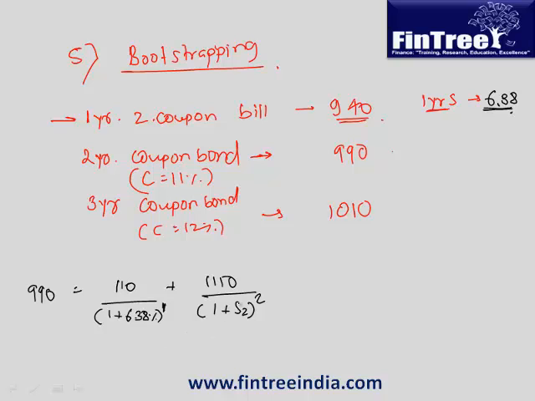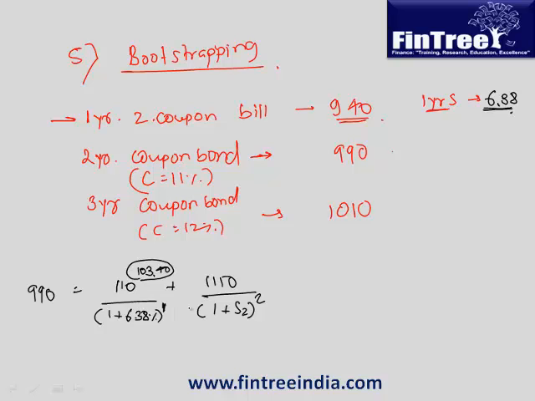What is the shortcut for solving for the equation? Let's solve together. Say 110 divided by 1.0638 equals, how much is that? 3.40. Okay, now make that number, no. The coupon is always on the face value.